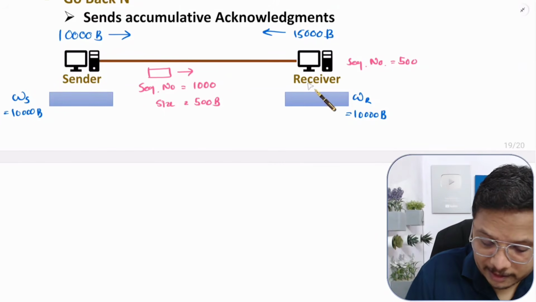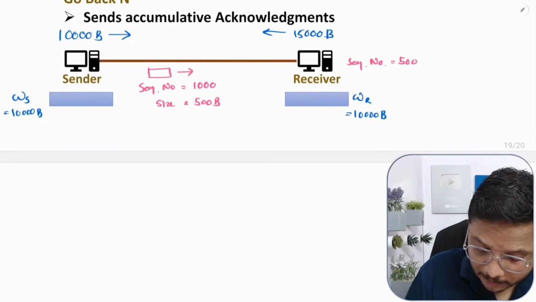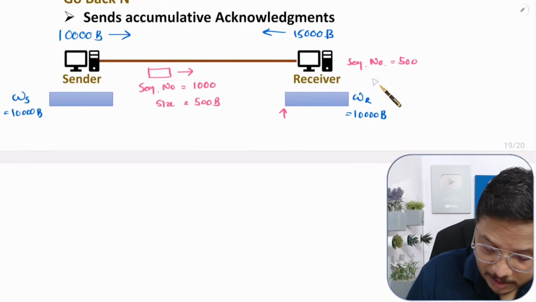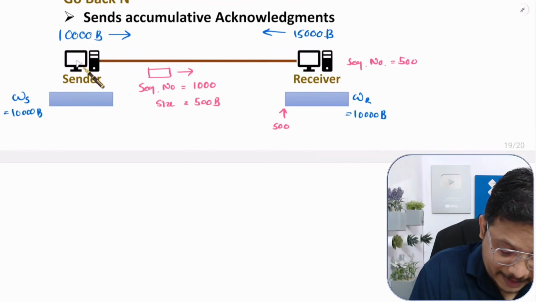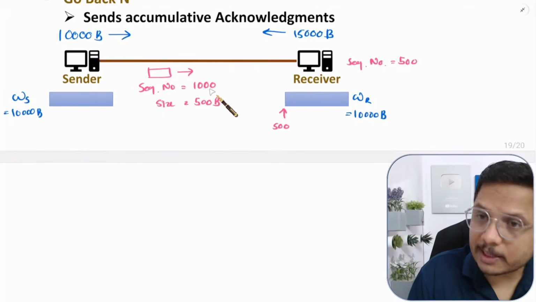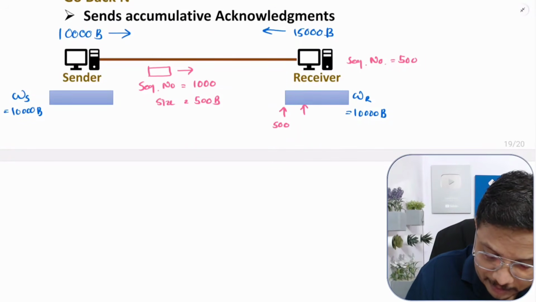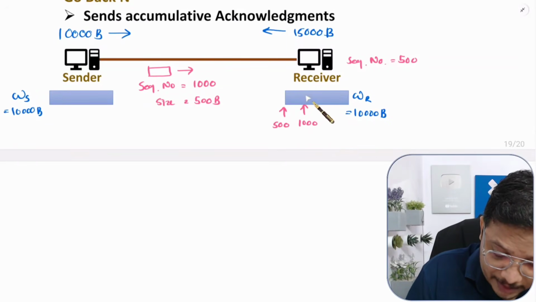Now if you observe, the receiver has a window size of 10,000, and obviously the receiver is waiting for sequence number 500. But the sender is sending sequence number 1000, which will be somewhere over here, and the size of this segment is 500.